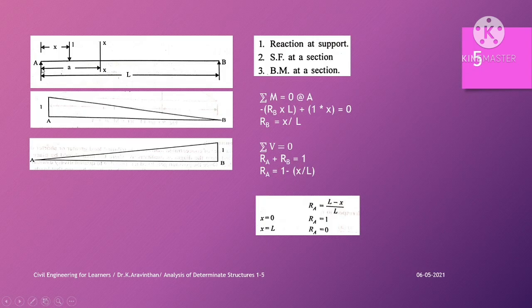So if you want to find that, you have to apply x equal to L. So at the point of L, the reaction A component will be 0. So if you apply x equal to L, L by L will be 1 and 1 minus 1 will be 0. So RA tends to be 0. I have applied x equal to 0 and x equal to L for the support RA.